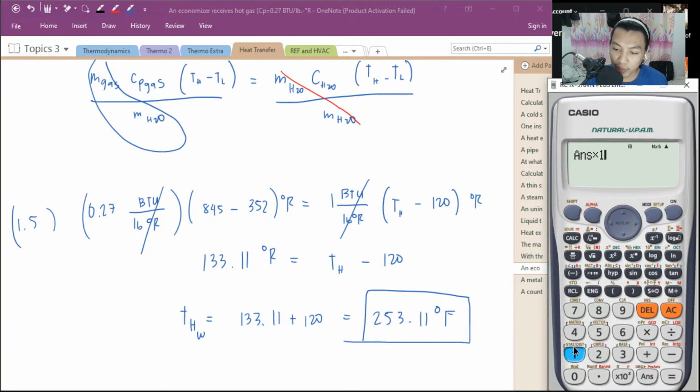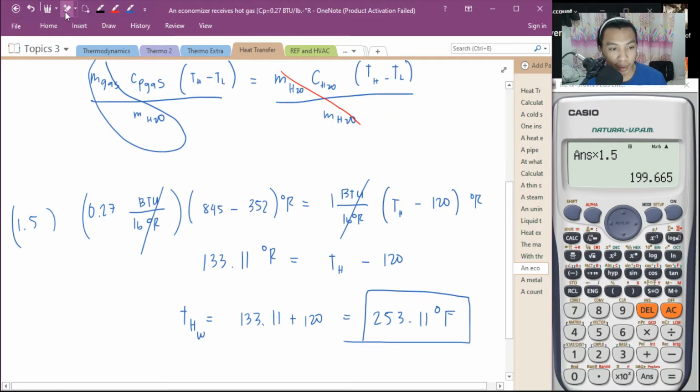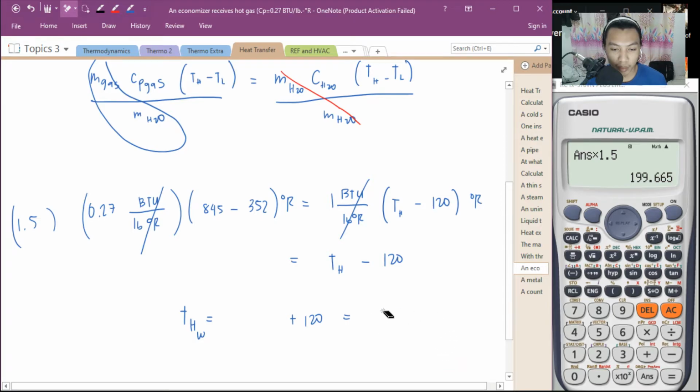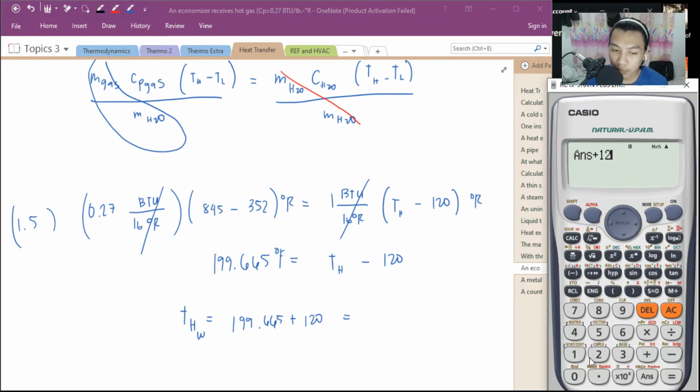Times 1.5. 199. Ayun, dito ko nagkamali. So, 199.665 degrees Fahrenheit. Plus 120 ko na lang 'to. The answer is 319.665, tama.